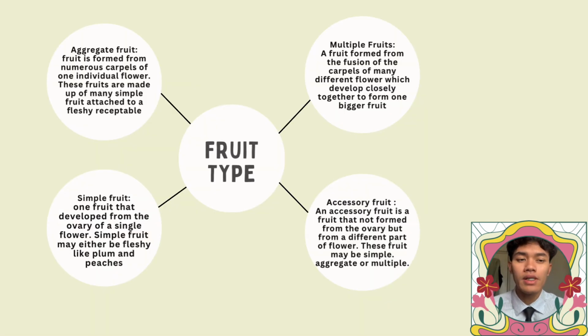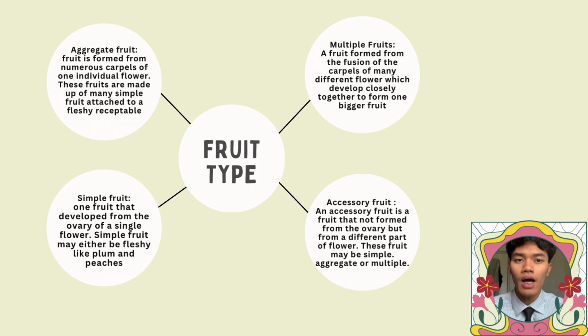Okay, for this slide, as we can see, we have fruit types. Fruit has 4 types. The first is aggregate fruit, the second is simple fruit, and also accessory fruit, and the last one is multiple fruit. For the aggregate fruit, the fruit is formed from numerous carpels of one individual flower.